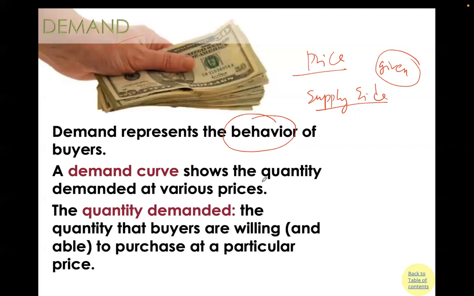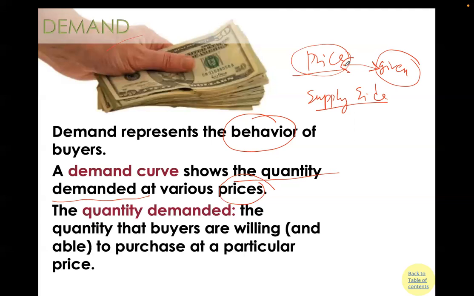Now here there are two things: one is the quantity demanded, and secondly, at different prices. Remember, prices are given. Meaning, we don't know where the price is coming from, but for the moment, you take that as given. We are going to unlock the secret maybe just next class.